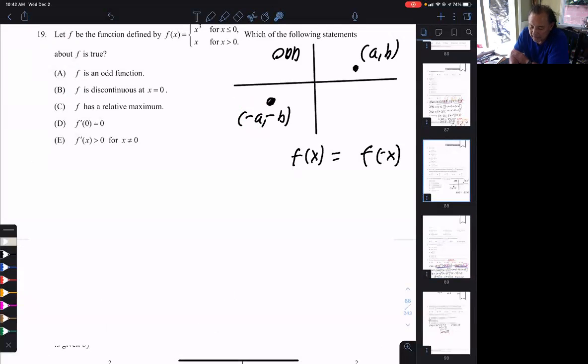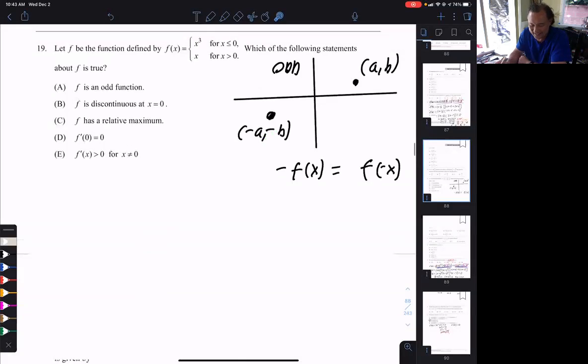What should that result in? It should result in a number that's opposite of the original. The original was b. You should get the opposite of that. So that should be the opposite of f of x. Hopefully that makes sense. So when you get f of x, if you plug in the opposite of a, your b should be opposite. So if you plug in the opposite, you should get the opposite y value.